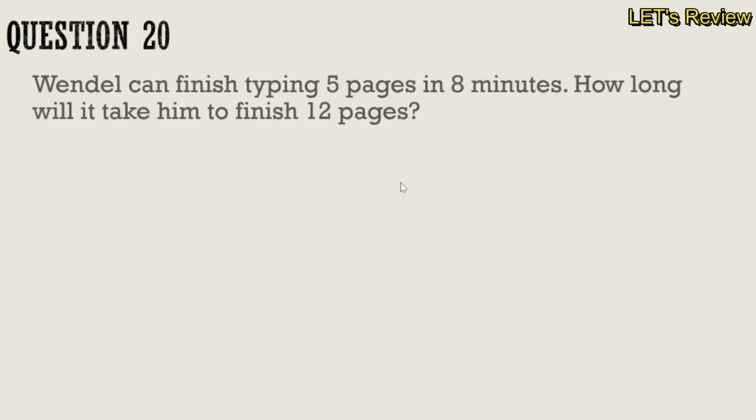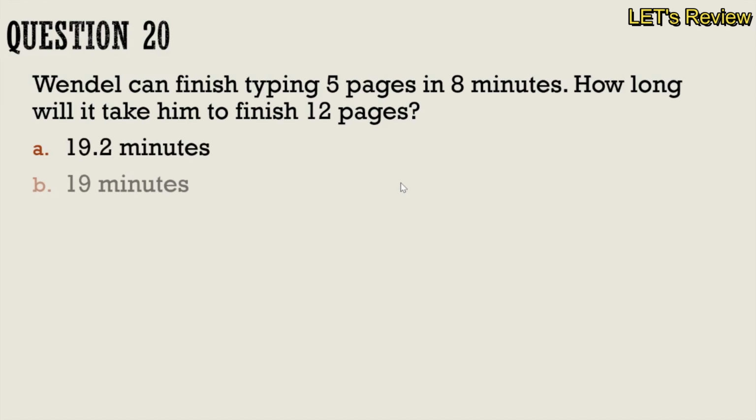Question 20. Wendell can finish typing 5 pages in 8 minutes. How long will it take him to finish 12 pages? A. 19.2 minutes. B. 19 minutes. C. 18.2 minutes. Or D. 18 minutes.